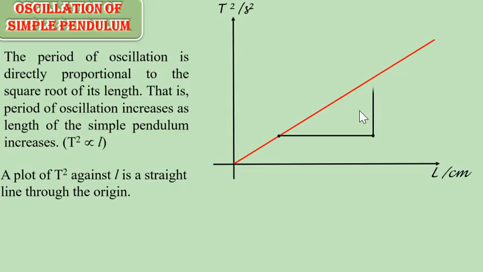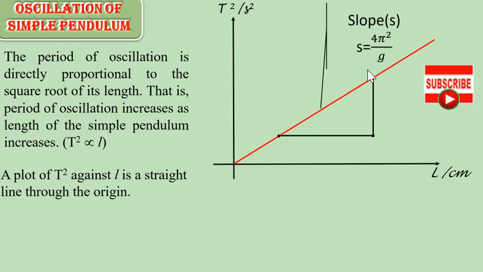So now let's see that. We have that, and we can see that the slope here is given as S is equal to 4 pi squared over g. That's the slope, meaning if I divide the vertical by the horizontal, remember vertical is T squared and horizontal is L, this is the slope, and that's what the slope represents.